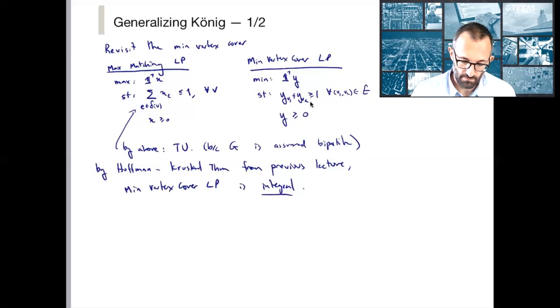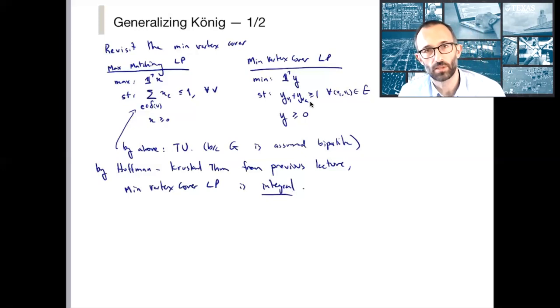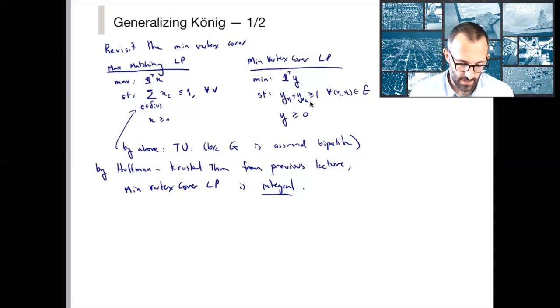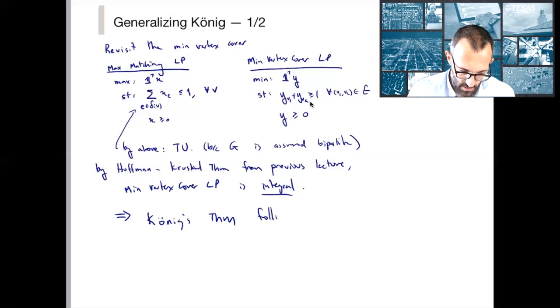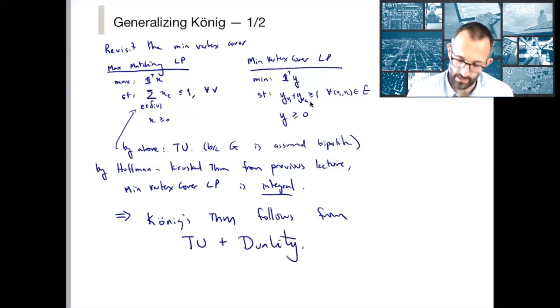And this gives us a simple proof. Well, simple, we've developed a lot of machinery, but basically this says that Konig's Theorem, which says that the size of the max matching is equal to the size of the min vertex cover, follows from total unimodularity and from strong duality.